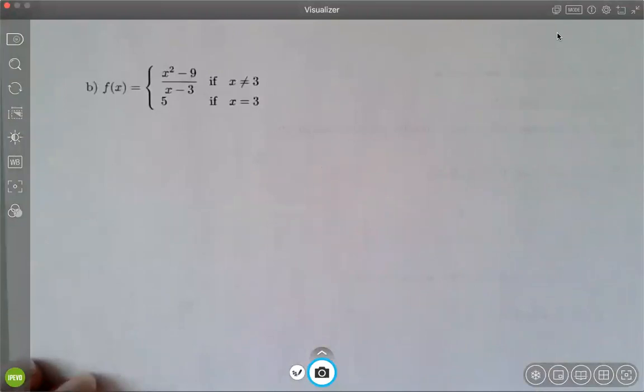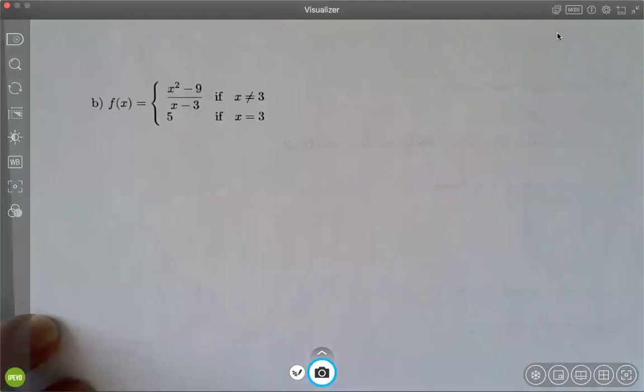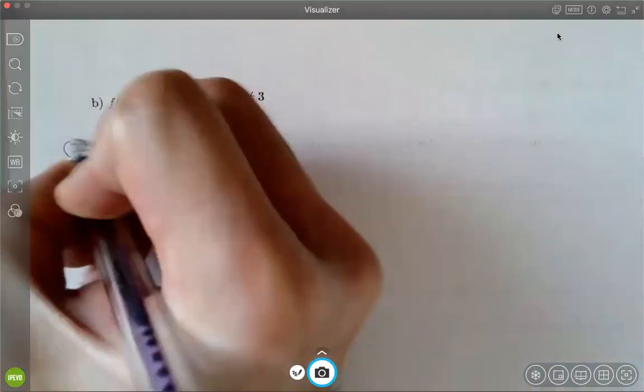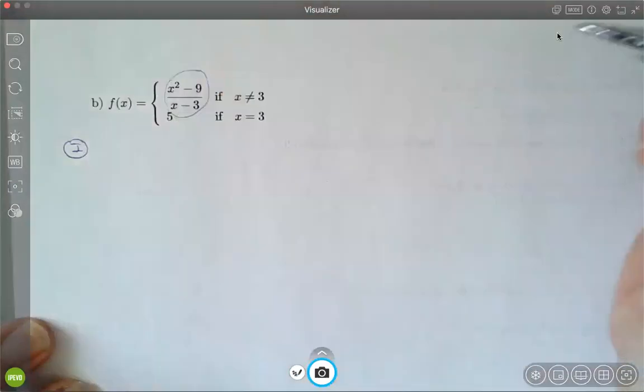Okay, so now, f of x equals x squared minus 9 over x minus 3 if x is, and we have seen that symbol before, not equal to 3, right? And 5 if x is equal to 3. Now, before we do graphing, can we do something for this top piece?